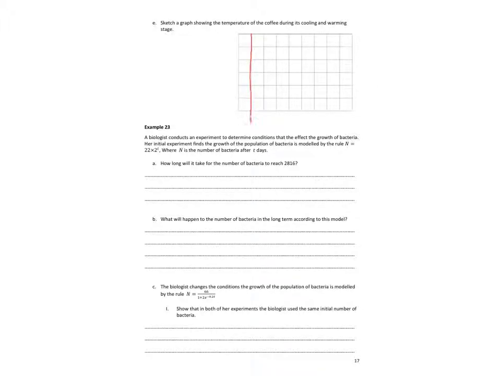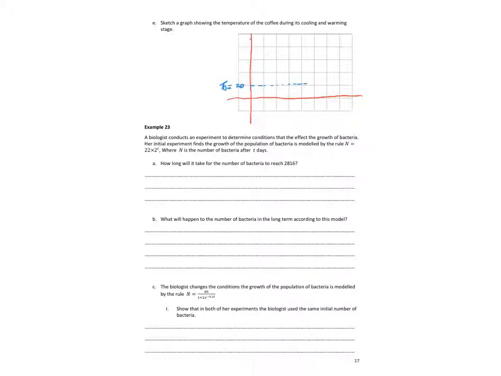So to show our cooling and warming, let's hope I remember our values. My original function had an asymptote at T equal to 20.